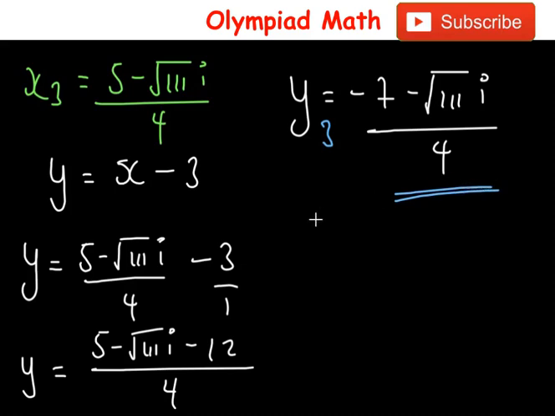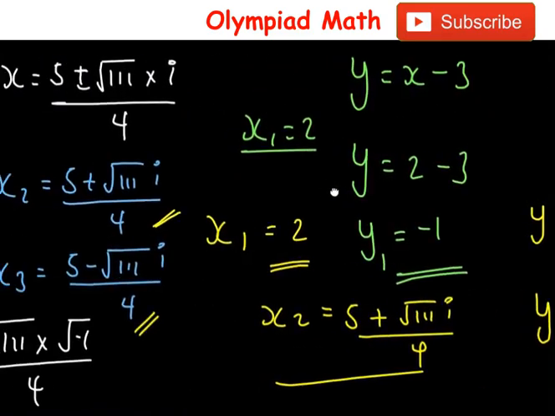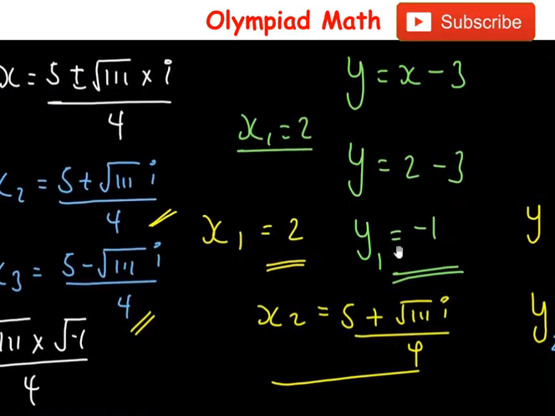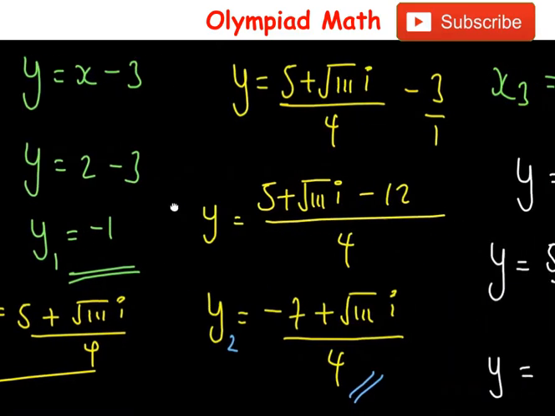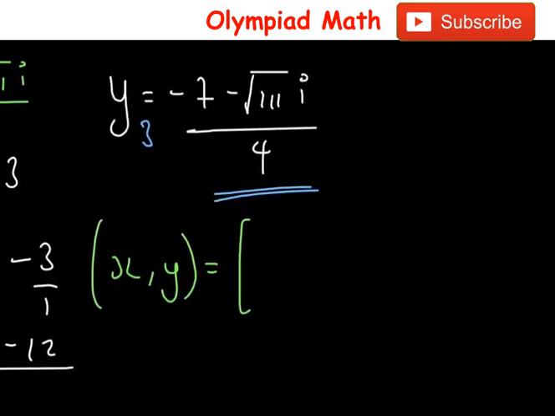So to then report the answers for the solutions of x and y, we have this. For the first solution of x and y, right here, when x1 is 2, y is equal to minus 1. So we write this down: when x is equal to 2, y is equal to minus 1.